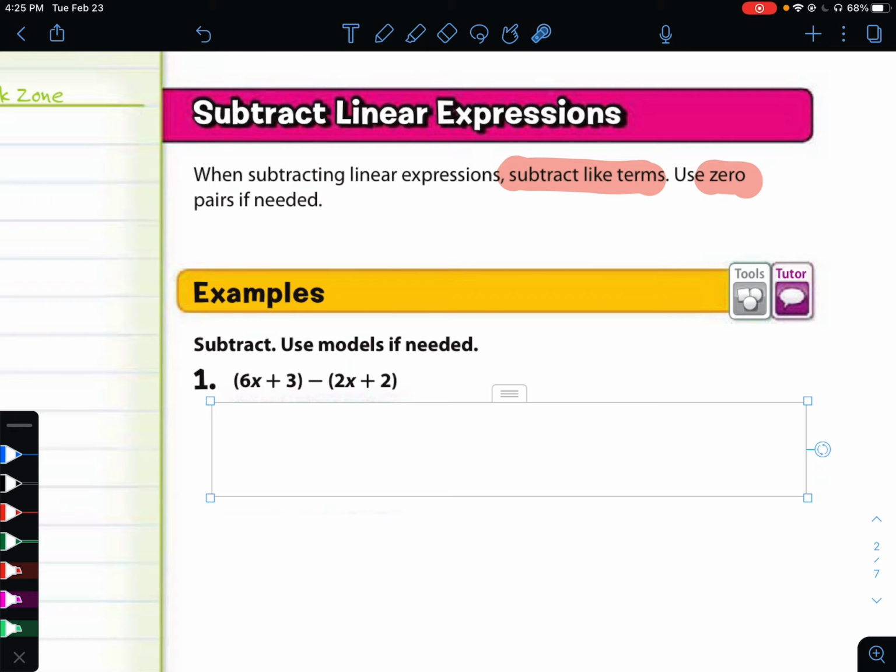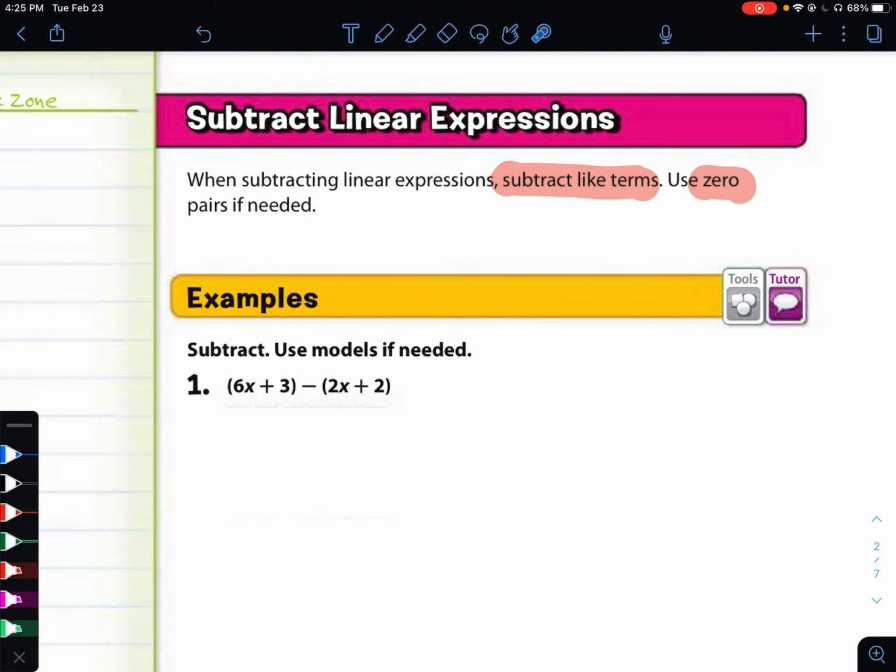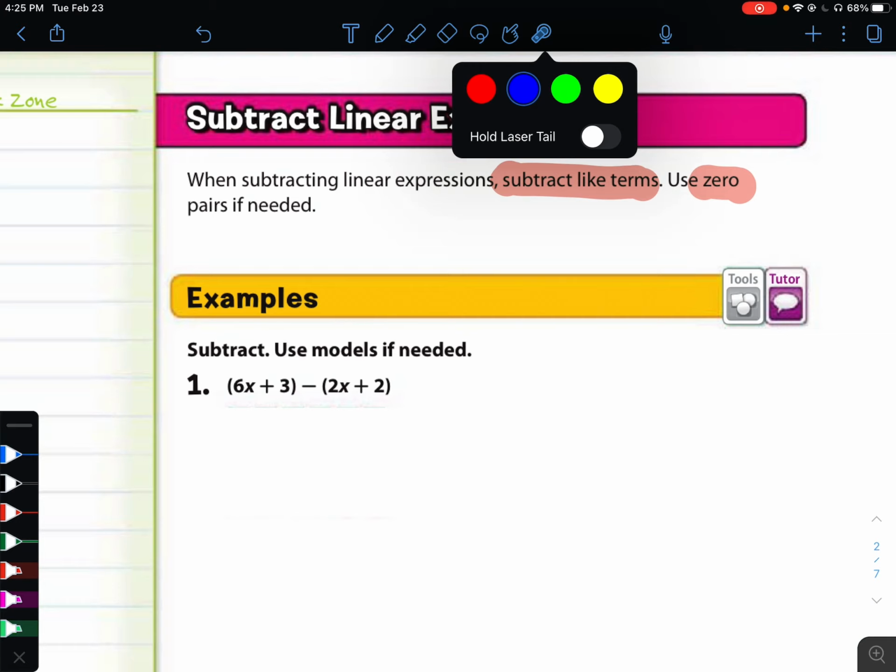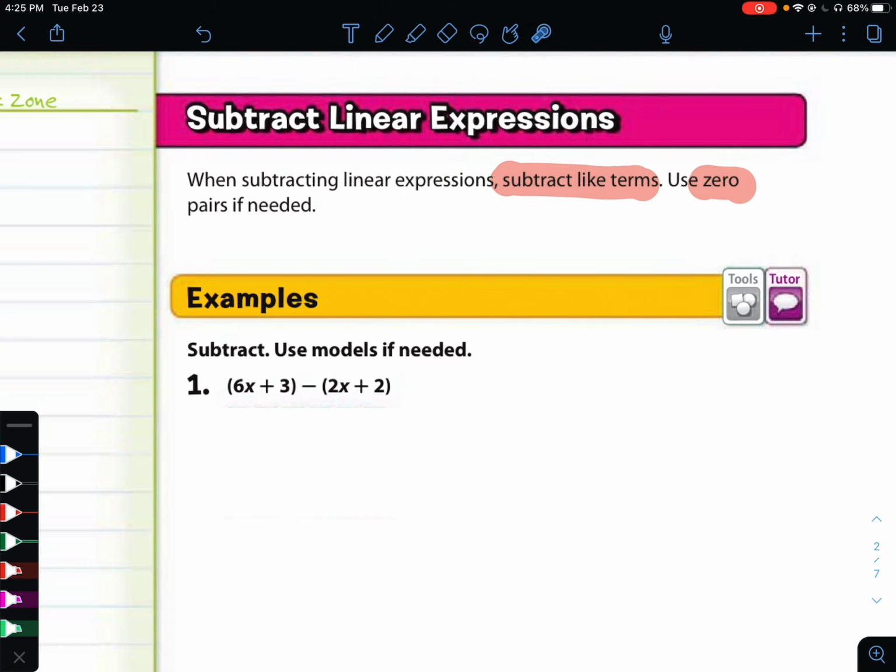When subtracting linear expressions, subtract the like terms, and use zero pairs if needed. What is important here is that we need to understand what like terms are, and we know what zero pairs are from our lessons in the past.